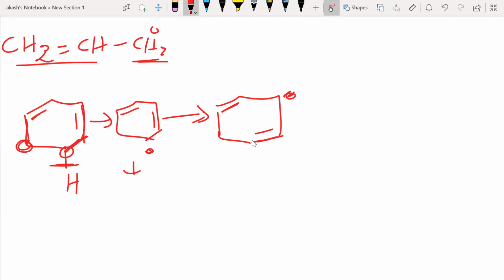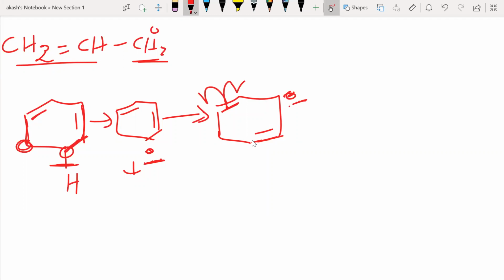Now look at the product, guys. If this was the product, I would have directly got a Br here. Now there's a possibility of getting Br here also, because there's a radical getting formed. Again, this double bond can undergo homolytic cleavage.